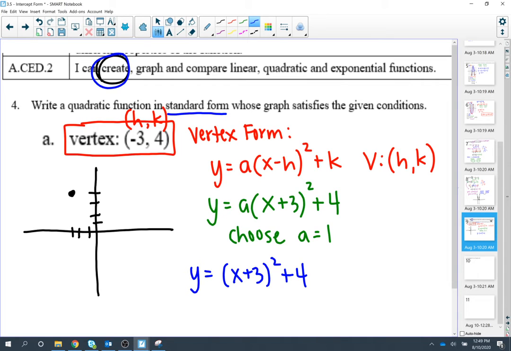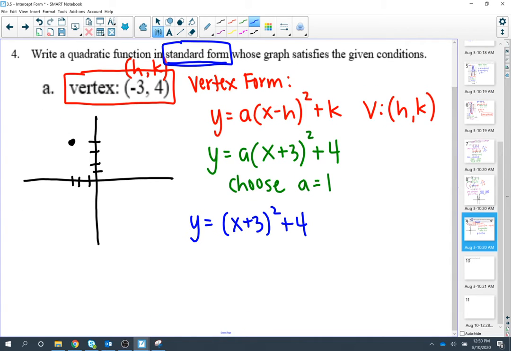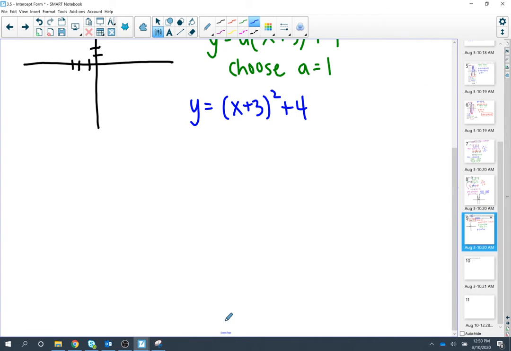But they said standard form. Is that in standard form? No. So in order to get it in standard form, we need to multiply it out. In order to do that, you can't add the 4 to anything in here because this is in parentheses. And if you're using, please excuse my dear Aunt Sally, parentheses and exponents come first.